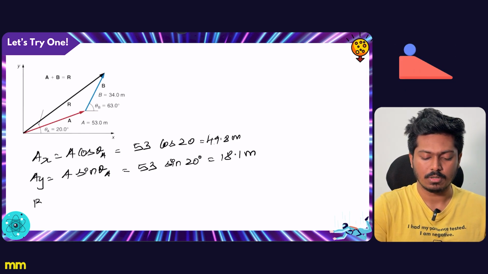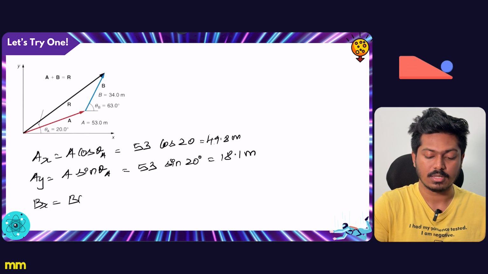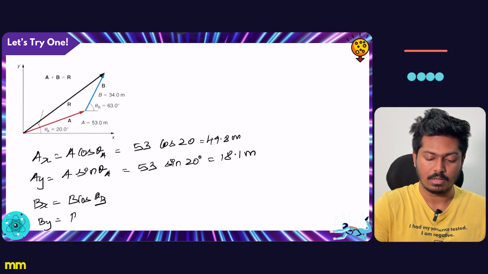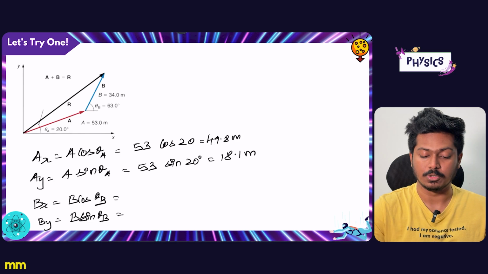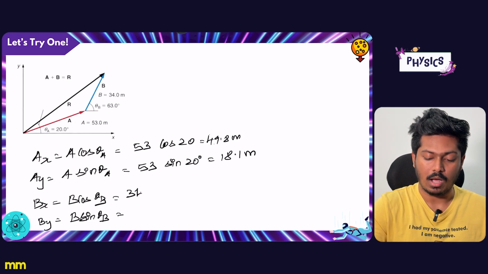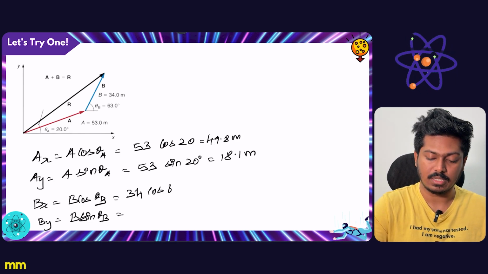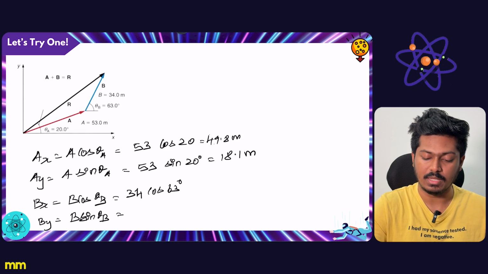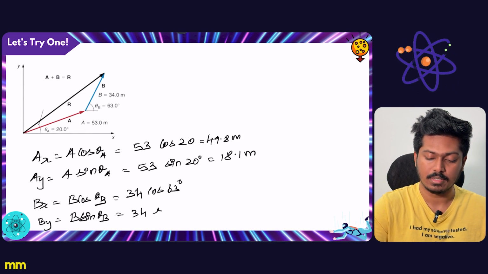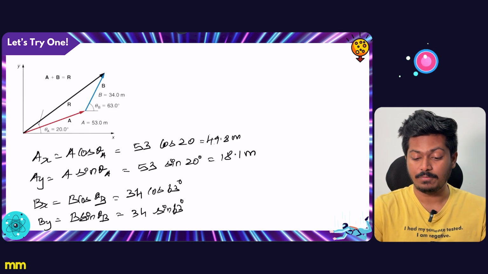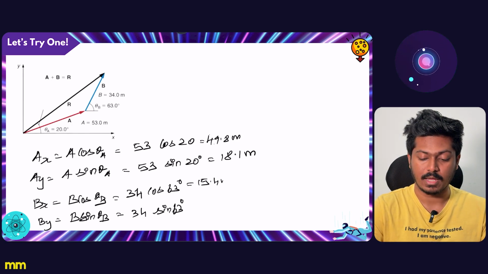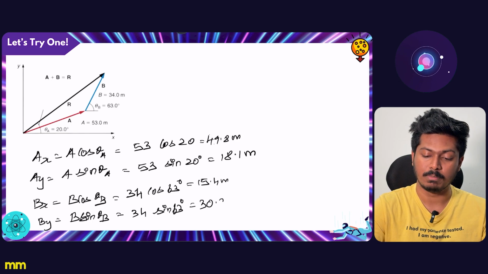So Bx would be B cos theta B and By would be B sine theta B. And then we plug in those values. B is 34, theta B is 63 degrees, so Bx is 34 cos 63 degrees and By is 34 sine 63 degrees. The respective values will be 15.4 meters and 30.3 meters.